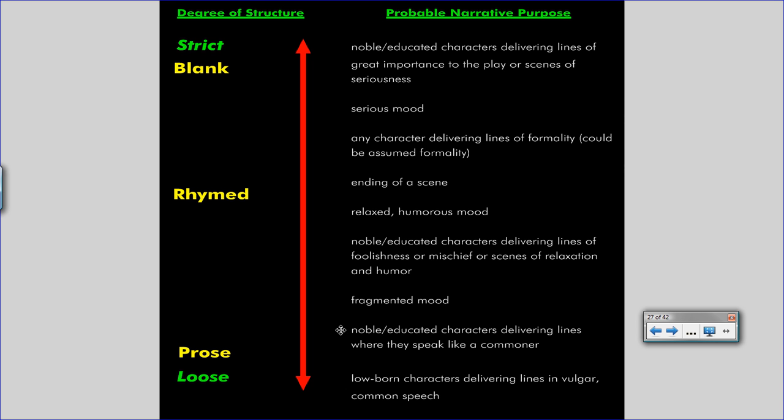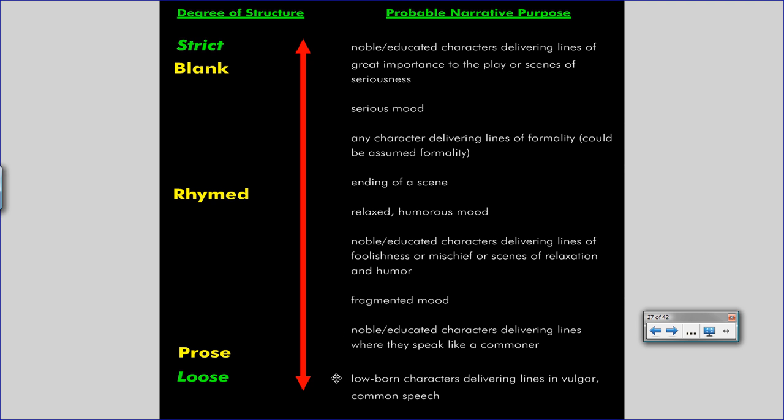The difference between the types of lines that Shakespeare writes with these characters indicates a difference in environment. If in one case they are surrounded by lower class common folks who do not speak very intelligently, they will probably mimic that. But once they enter the court, they will probably become much more formal.